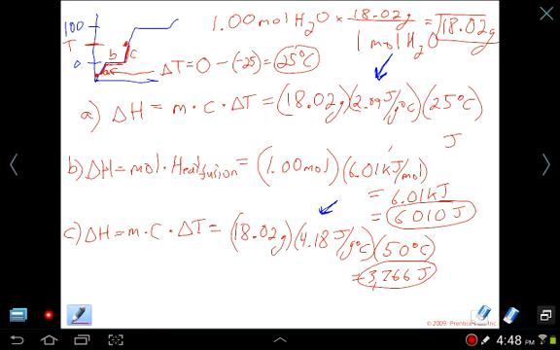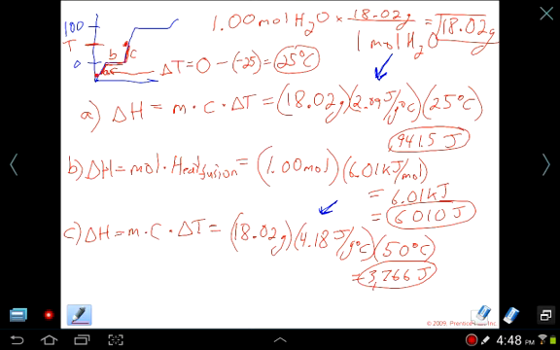Multiplying 18.02 by 2.09 by 25 gives us 941.5 joules.